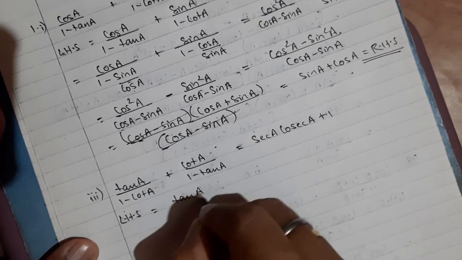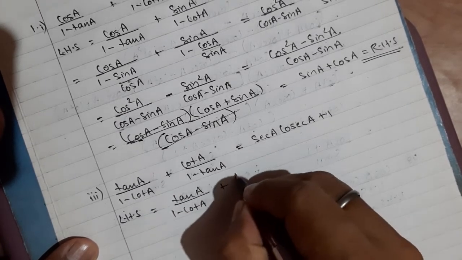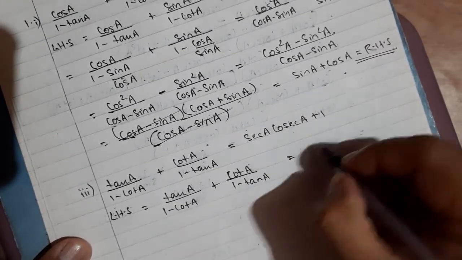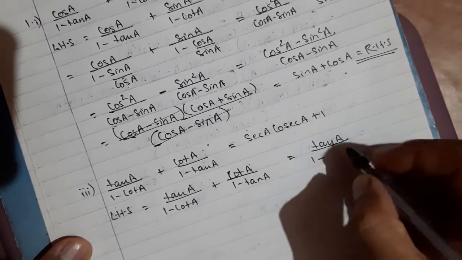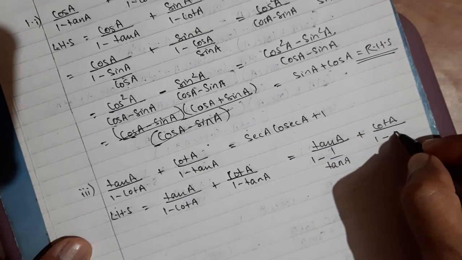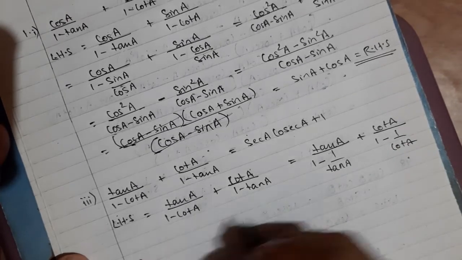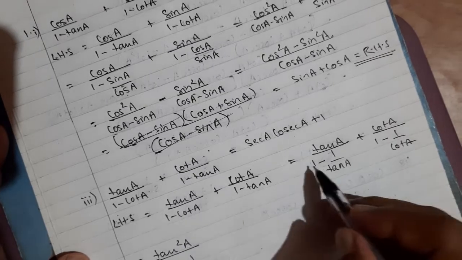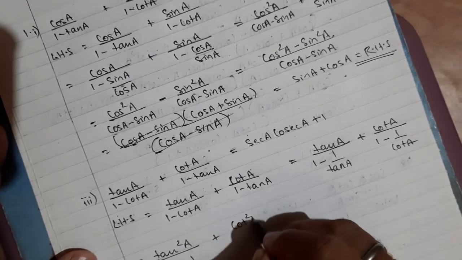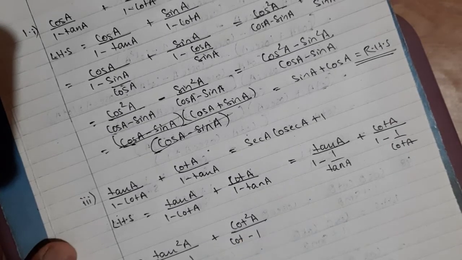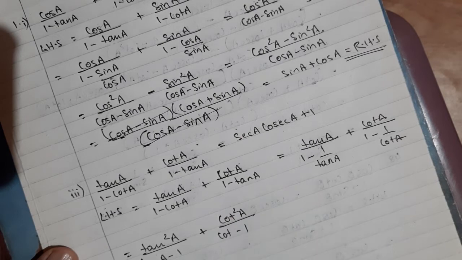We get tan A upon 1 minus cot A plus cot A upon 1 minus tan A. So we can write this as tan A upon 1 minus 1 upon tan A plus cot A upon 1 minus 1 upon cot A, which is equal to, in the same manner, tan square A upon tan A minus 1, we had taken the LCM, plus cot square A upon cot A minus 1.